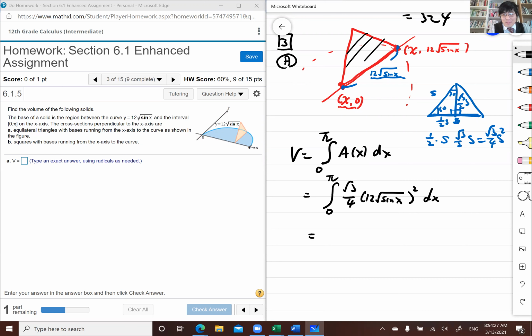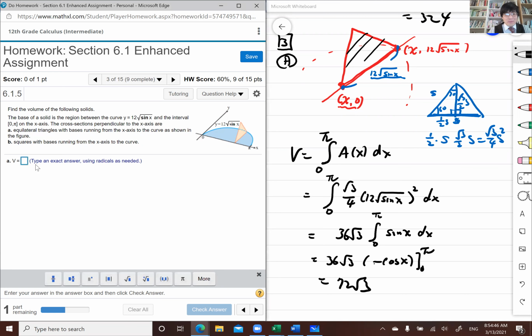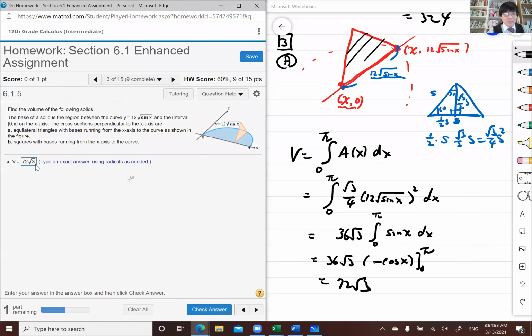So that's going to be 36 square root of 3 coming out, and it's going to become just the integral of sine x. The integral of sine x is negative cosine x. And you plug in pi and 0, so it's going to be 72 square root of 3. Because we need to find it in exact form, we should write down 72 square root of 3.